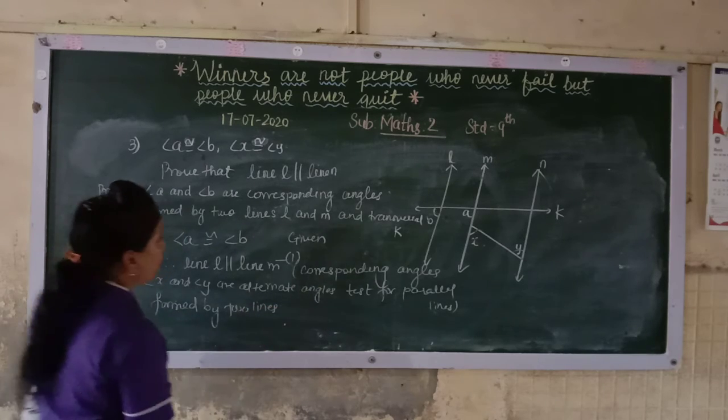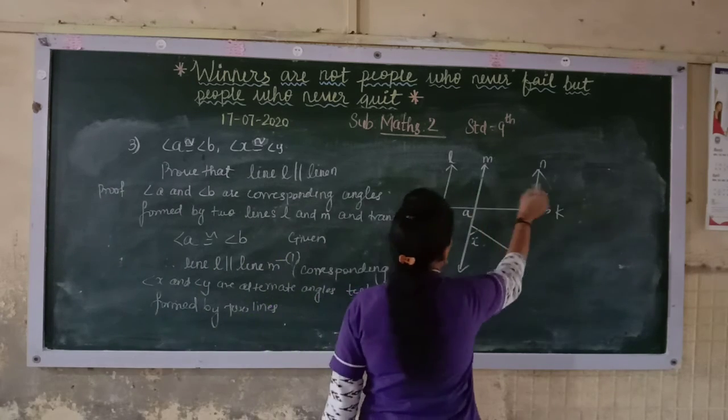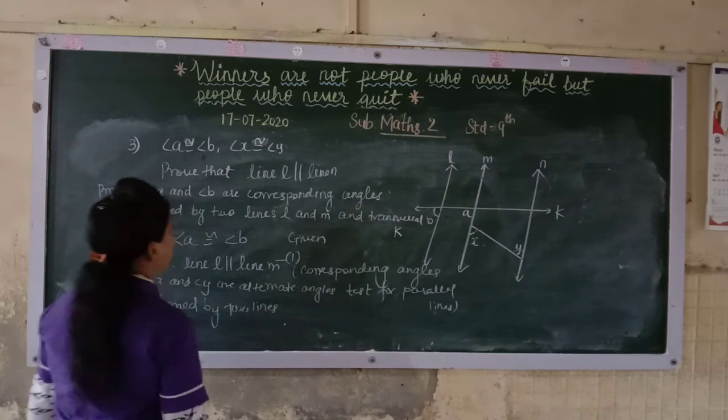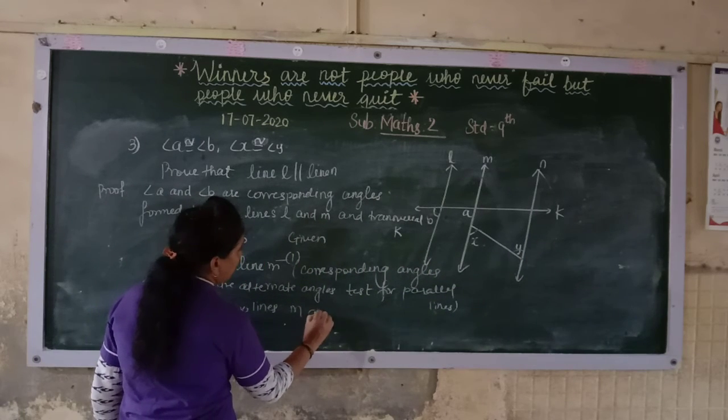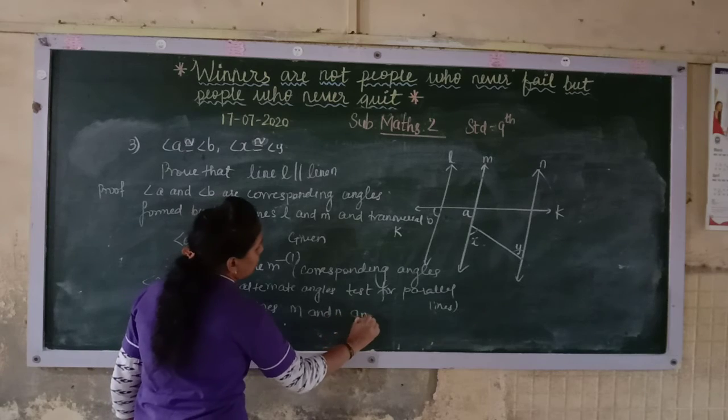They are not formed by L and M, they are formed by M and N. So two lines M and N and a transversal.